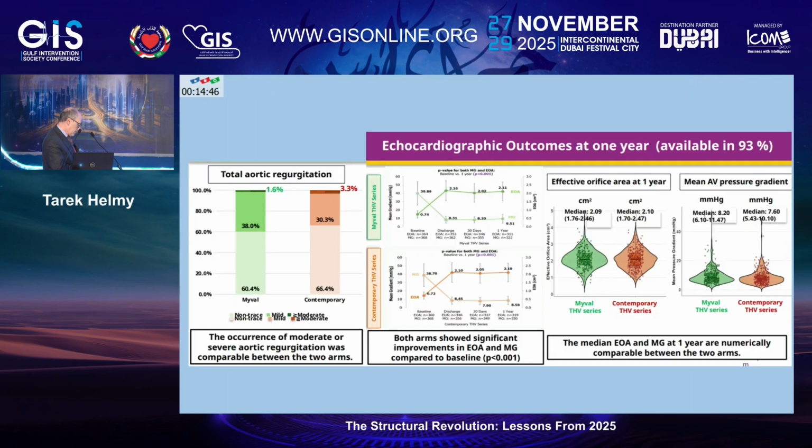As you can see here, the performance of MyValve was similar to the contemporary valves, again for effective orifice area and gradients, and this benefit was maintained about 1 year out. So this again shows the effectiveness, efficacy, and durability of MyValve as a platform.